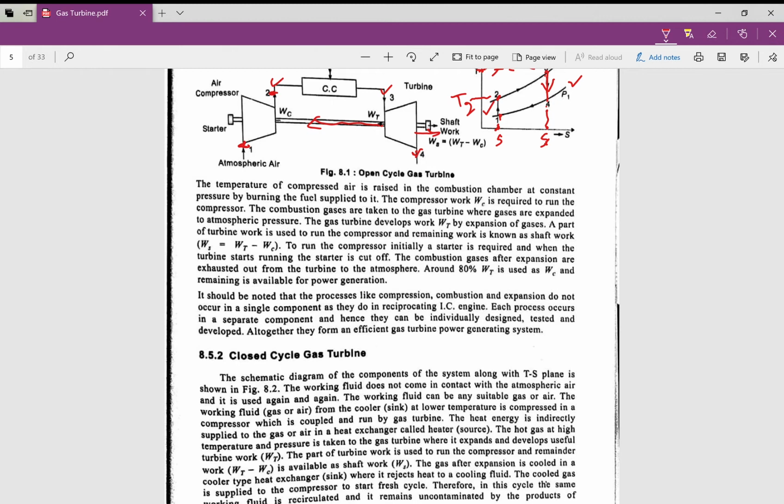There is no closed circuit. So we call it open cycle gas turbine. Around 80% of turbine work WT is used as compressor work, and the remaining is available for power generation. So around 20% is supplied as shaft work.